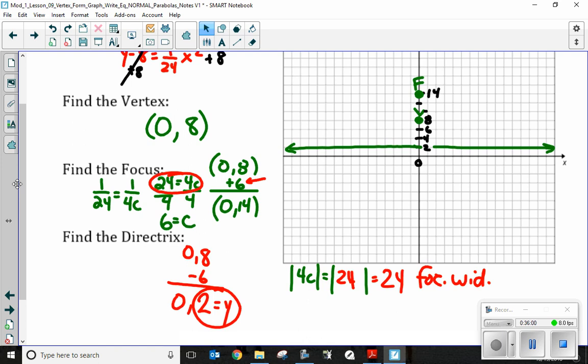So keep in mind, I am making these 2s: 2, 4, 6, 8, 10, 12. So right here at the focus, I go out 12, which would be to this point. And then I go 2, 4, 6, 8, 10, 12 right here.